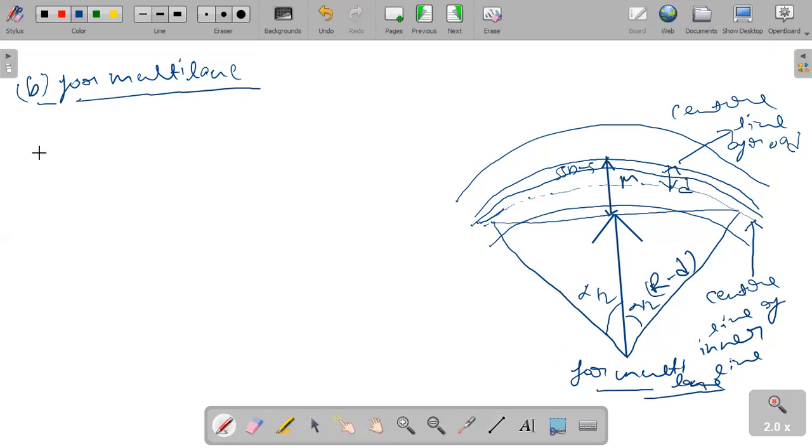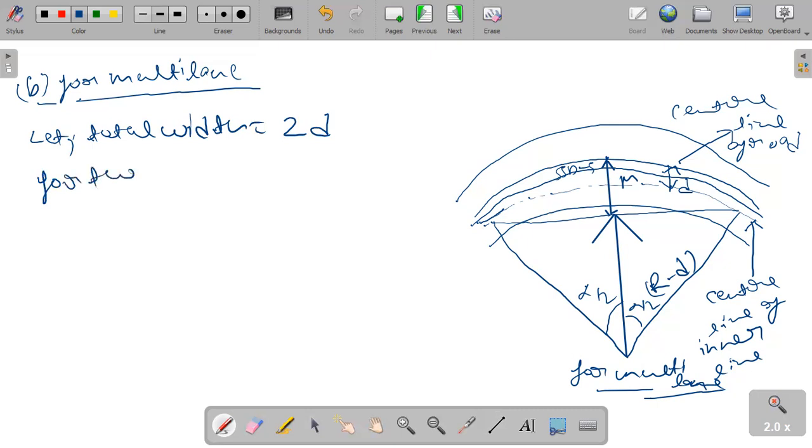So for multi-lane, let the total width be equal to 2d.